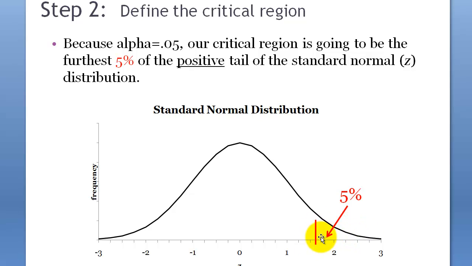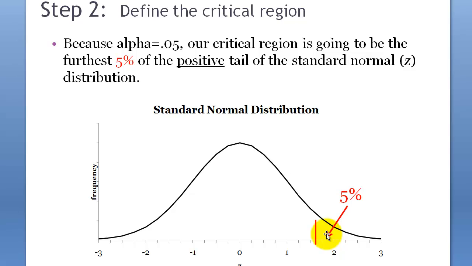If the sample statistic falls into this region, then it's probably a rare case. It's outside the range of just sample variability, sampling error. So this is definitely some effect.